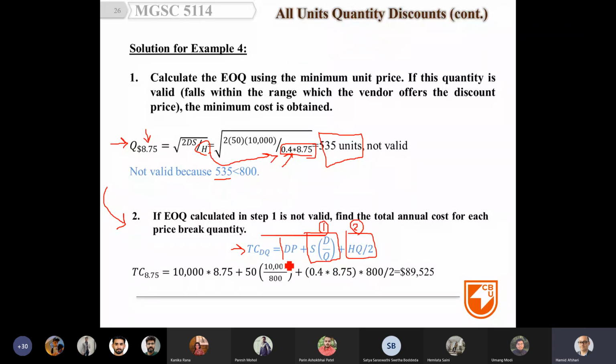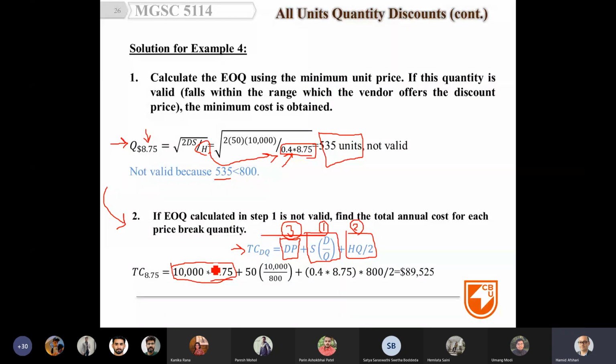We also have a new component, the third component, which we call the purchasing price. Purchasing price is calculated by multiplying the total demand per year, which is 10,000 units, by the unit price, which is 8.75. This is a new component of the total cost that we didn't have before. Please add it to your total cost.